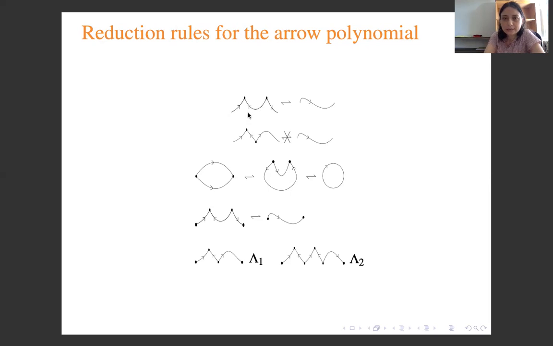For example, let's see the first picture. So any cusp-like formation here divides the plane locally into two regions. One region is spanned by the acute angle here. We call it the inside of the cusp, and the other side is the outside of the cusp.